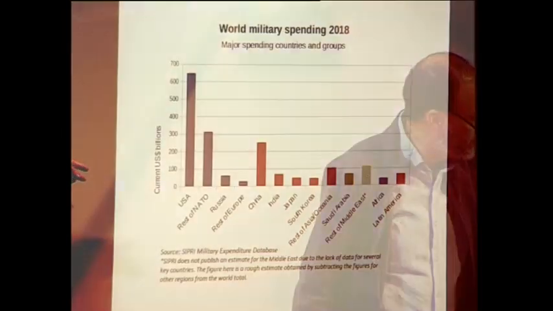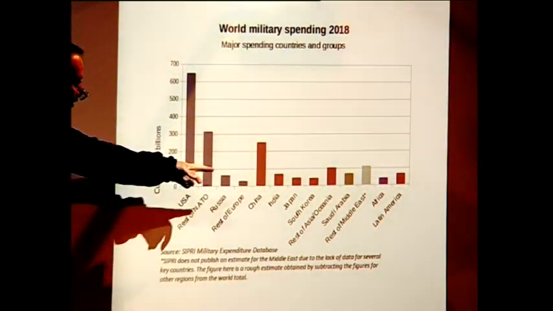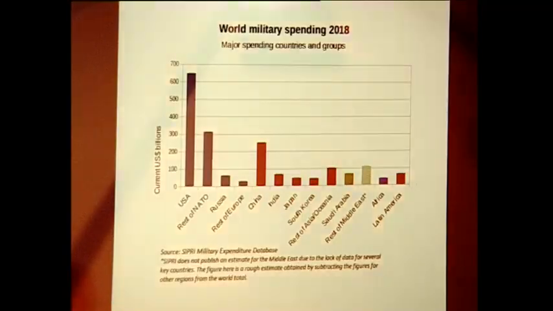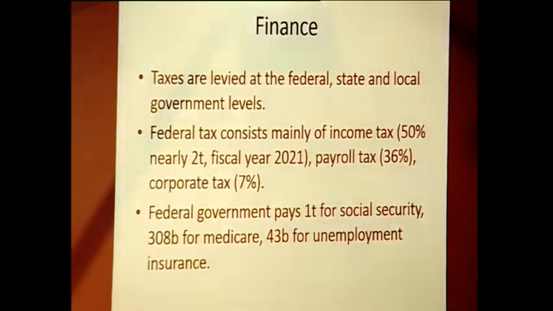Followed by the rest of NATO, and you can see in red we have China, which is about third. China spends on militarization about a third of what the United States spends. And you have other countries. This is just to give you an idea of how important armament is in the manufacturing sector in the United States.